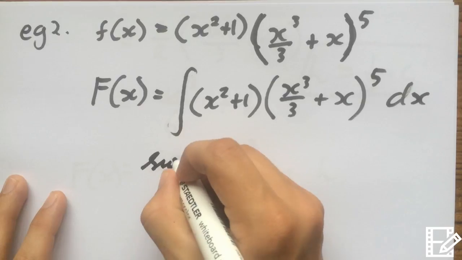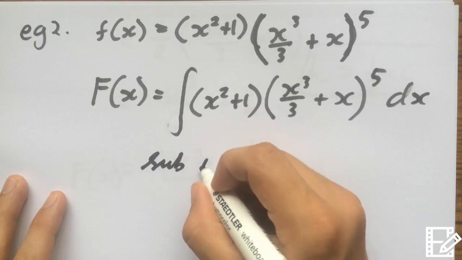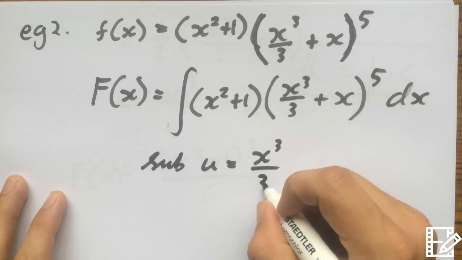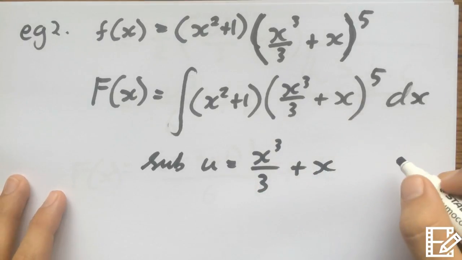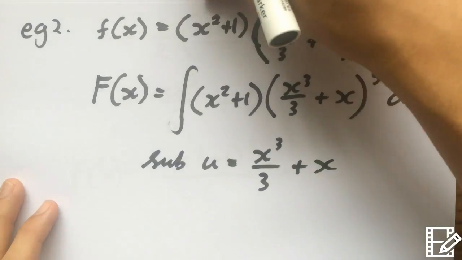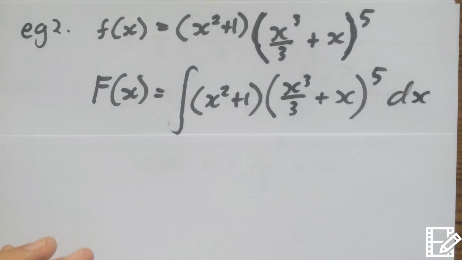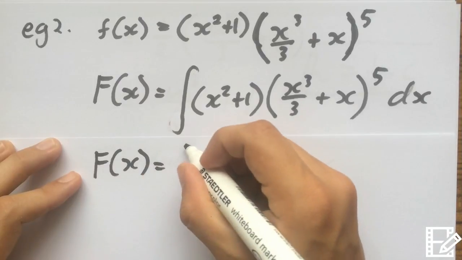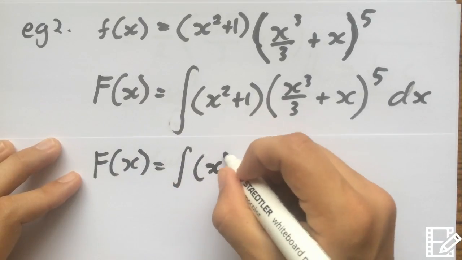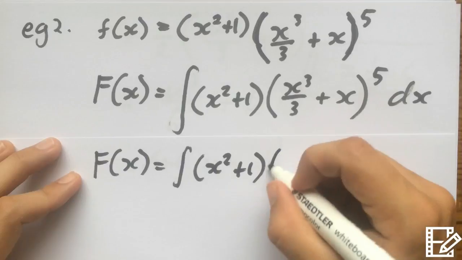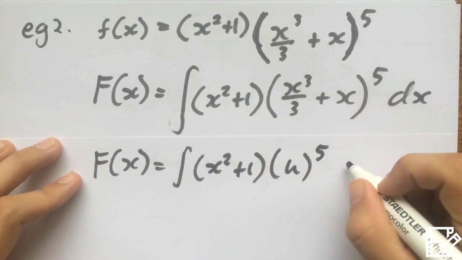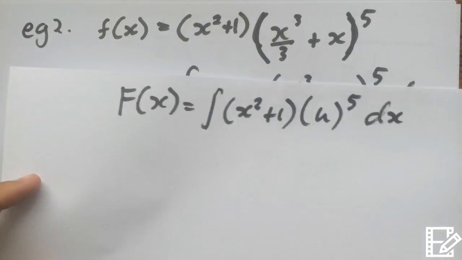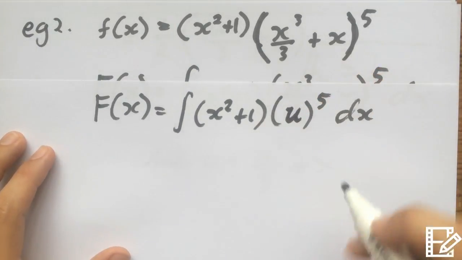So I'm going to sub u in for x to the power of 3 on 3 plus x. So that means this function will look like x squared plus 1 u to the power of 5 dx. Anyway, I'll make that look a bit more like a u instead of an h.